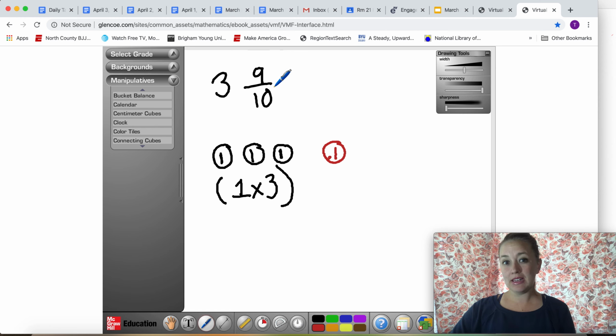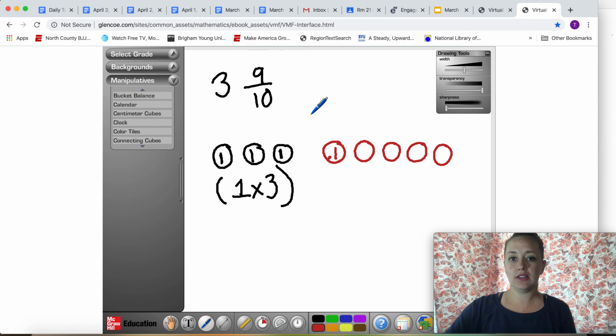Okay, well, if 1 shows 1/10 and I have 9/10, how many would I need? Well, that one's pretty easy. I would need 9 of them. 1, 2, 3, 4, 5, and let's go up here, 6, 7, 8, 9.